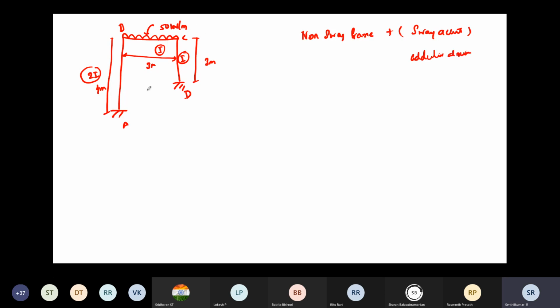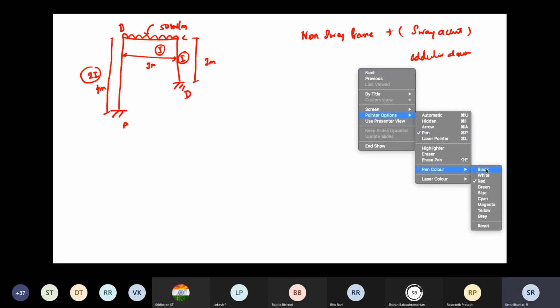Both things we have to add. It's a kind of superposition. That is what we did in the slope deflection method, and we are going to follow the same thing here in the MDM method.